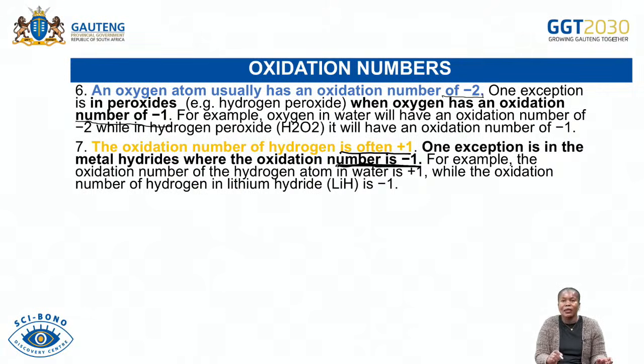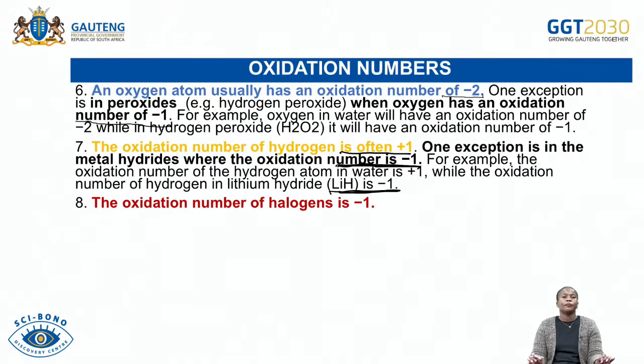Remember what we said, that it depends on which other element it is reacting with. For example, in lithium hydride, hydrogen has an oxidation number of -1 instead of +1.